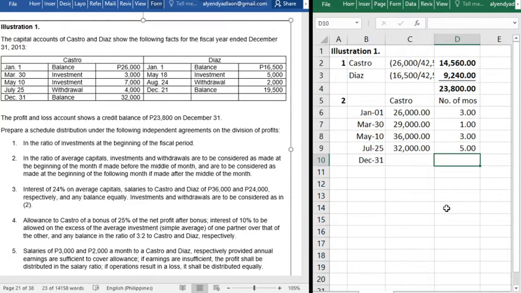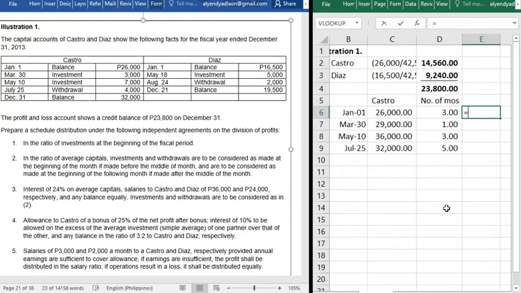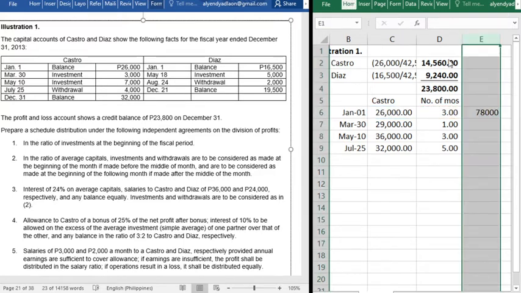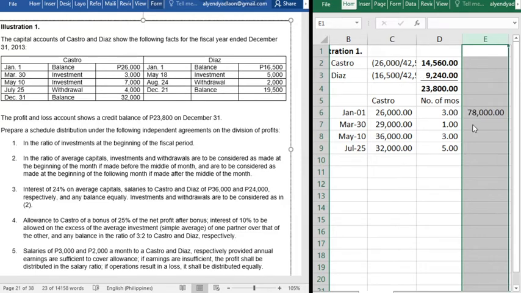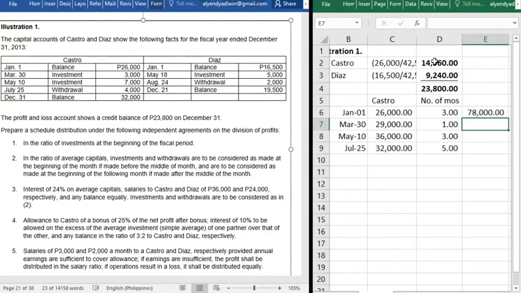So that is 5 months, already until December 31. There is no further transaction on December 31. So what we're going to do is multiply 26 times 3, that is 78,000. Then we have 29 times 1, 36 times 3, and 32 times 5.